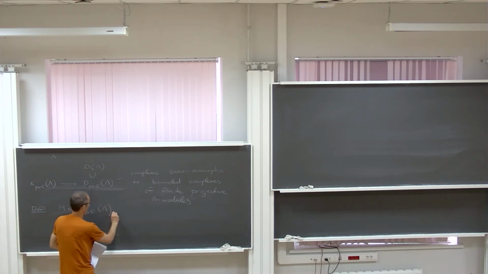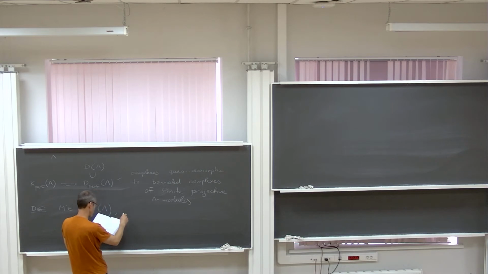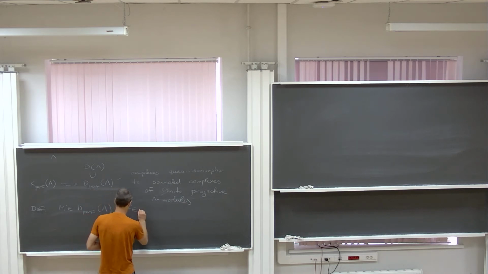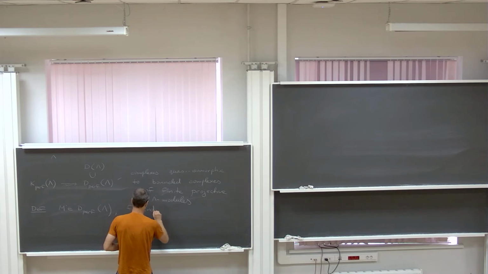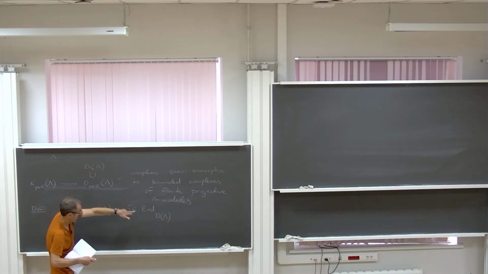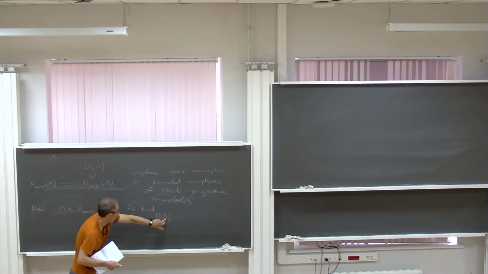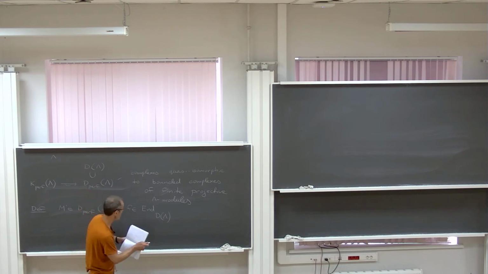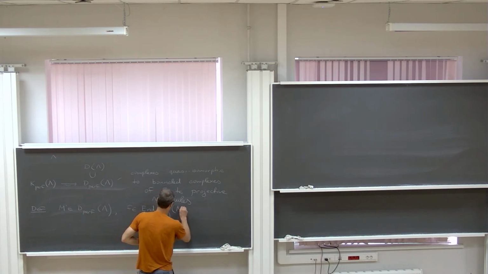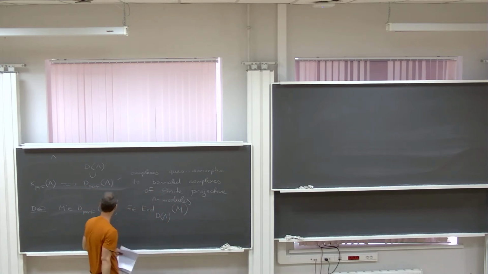And suppose you have its endomorphism F in the derived category D of lambda. So this is a full subcategory, so it doesn't matter whether I write here D lambda or D perf lambda. So it's a map from M to itself.